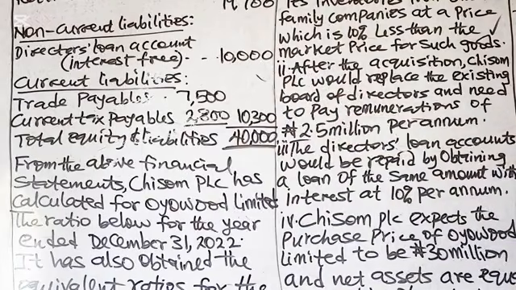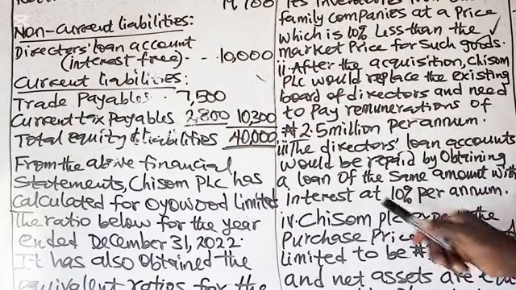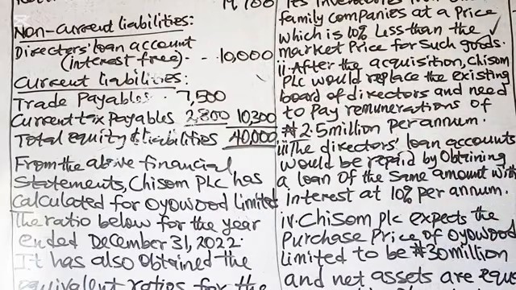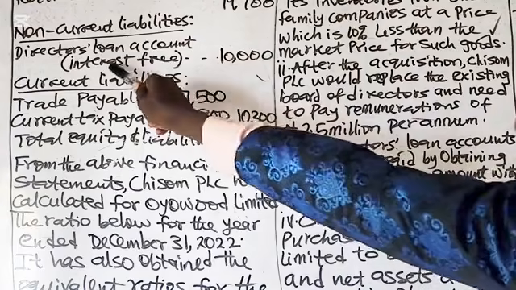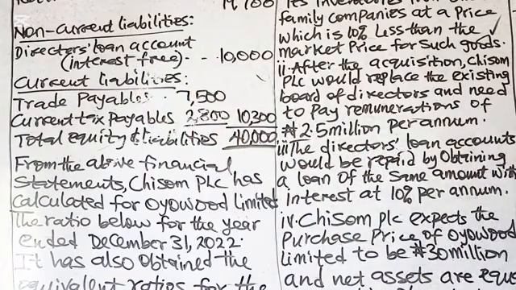So now let's see what will happen. The director's loan account will be repaid by obtaining a loan of the same amount with interest at 10%. Remember, this loan is an interest-free loan. But if this loan is repaid, they will now obtain another loan in place of this 10 million. And the loan is of the same amount.